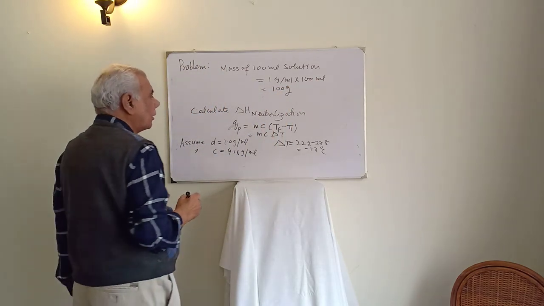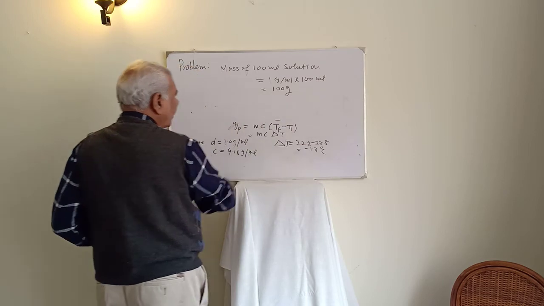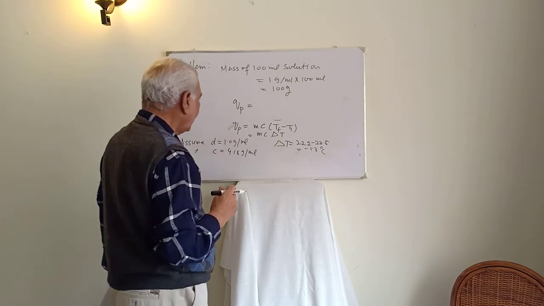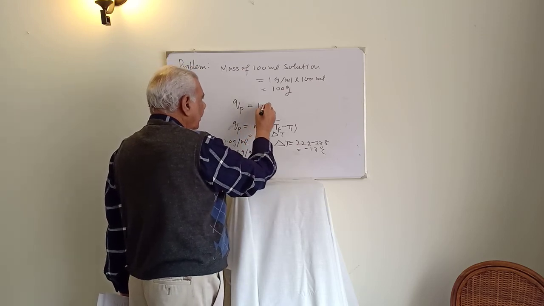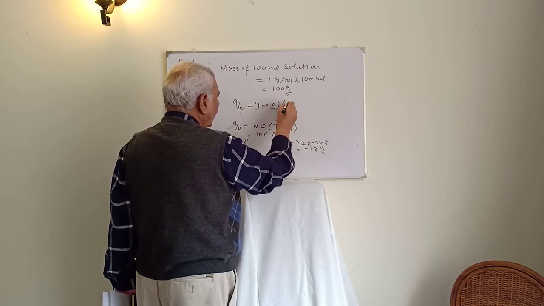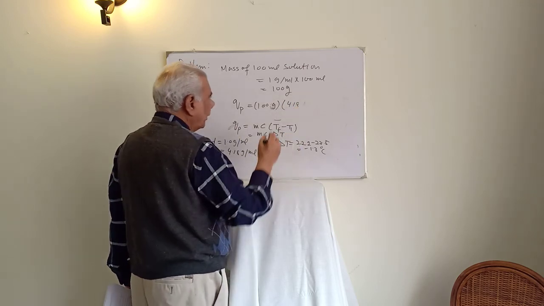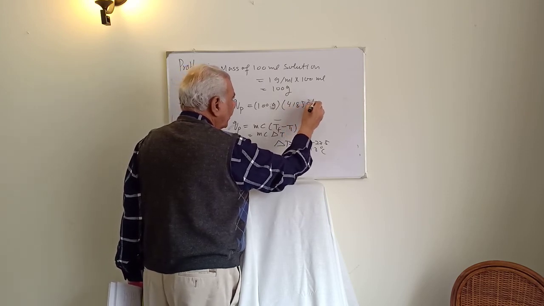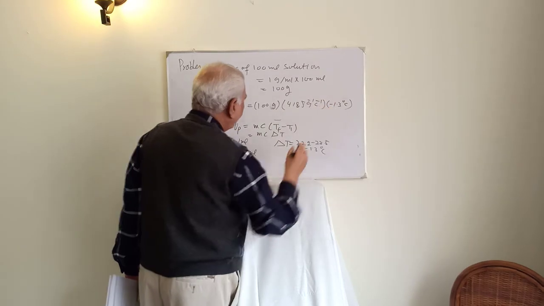Right, so also therefore we have QP is equal to 100 gram into 4.18 joules per gram per degree centigrade into 1.3 degree centigrade.